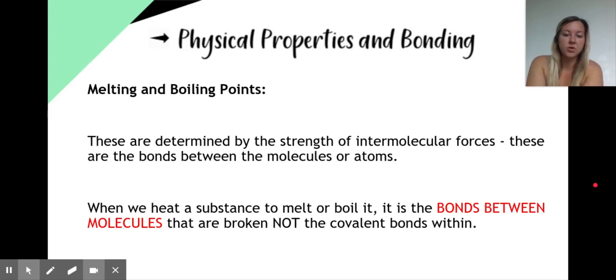It's not the covalent bonds within. Unless you have a covalent network, and that is why their melting and boiling points are so high. But in the substances we're looking at today, that's an exception. The substances we are looking at today, it's going to be the intermolecular forces, in other words, the intermolecular bonds between the molecules that are broken, not the covalent bonds.